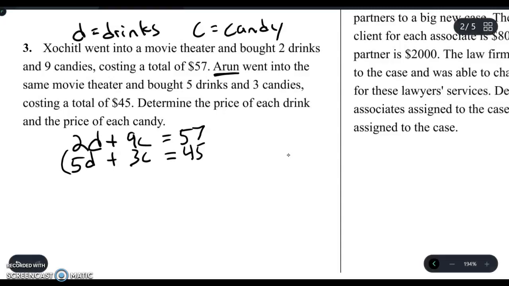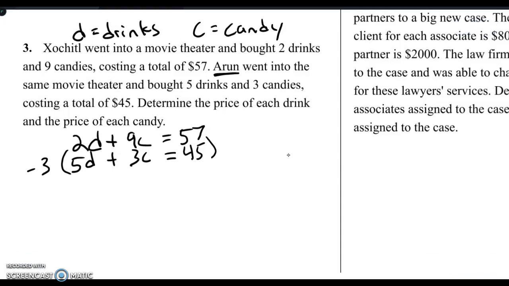So now I'm going to multiply this whole equation so I can get this C to cancel out. Instead of using substitution, since both are in standard form, we're going to do elimination. I'm going to multiply the whole thing by -3. That way I get a -9C here, and that'll allow me to cancel out or eliminate that middle term.